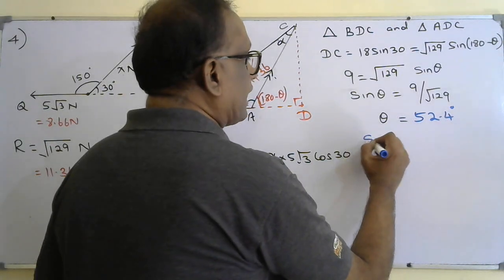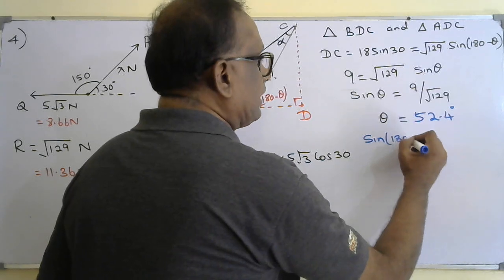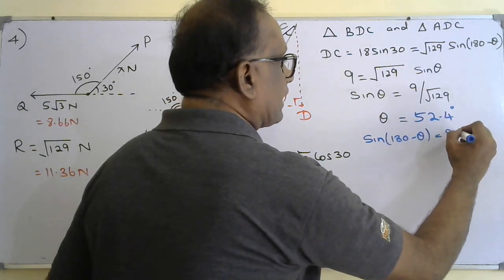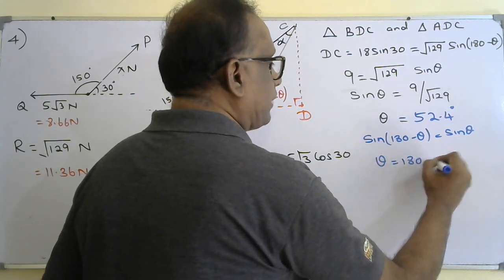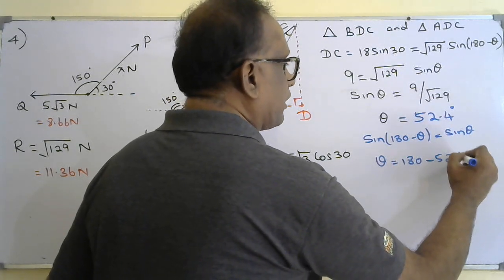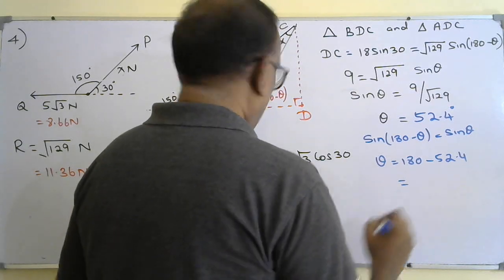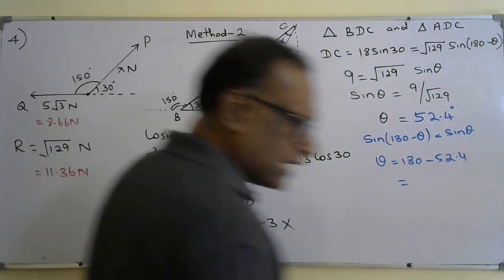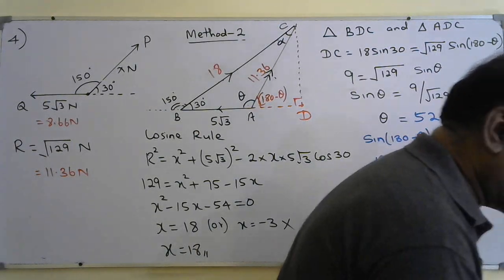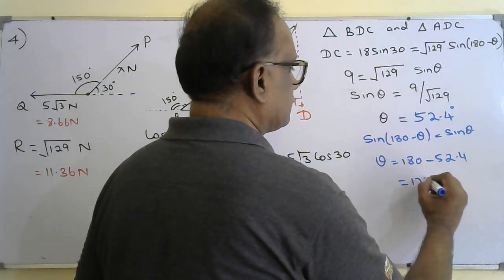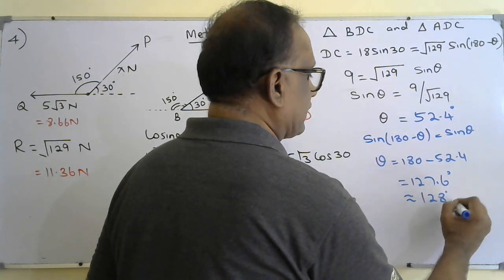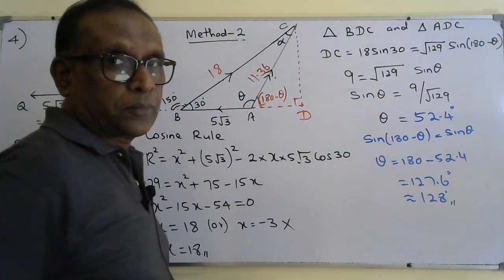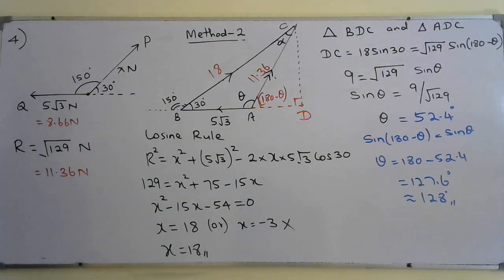So we know that sine of 180 minus theta equals sine theta. Therefore, this theta should be equal to 180 minus 52.4. You'll get 127.6. But they asked to give it to the nearest value, 128 degrees, because we know that it's an obtuse angle, not an acute angle.